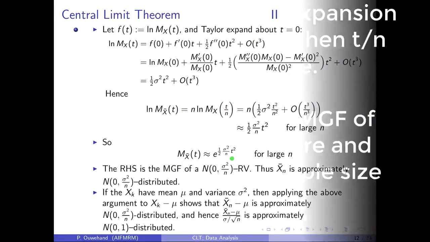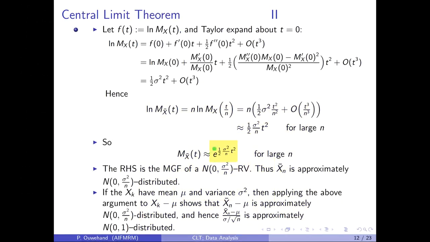Now we recognize this to be the moment generating function of a random variable which is normally distributed with mean 0 and variance sigma squared over n. Since the moment generating function of a random variable completely determines its distribution, we see that x bar n must be approximately normally distributed with mean 0 and variance sigma squared over n.